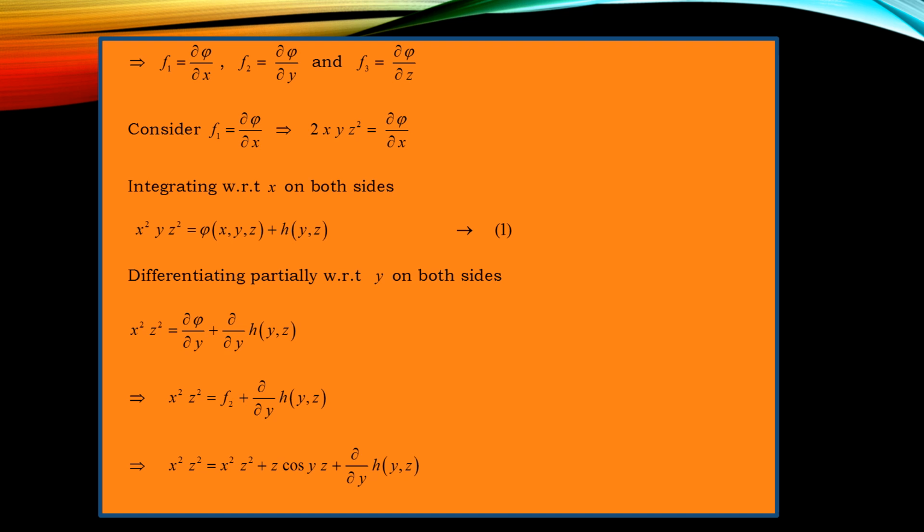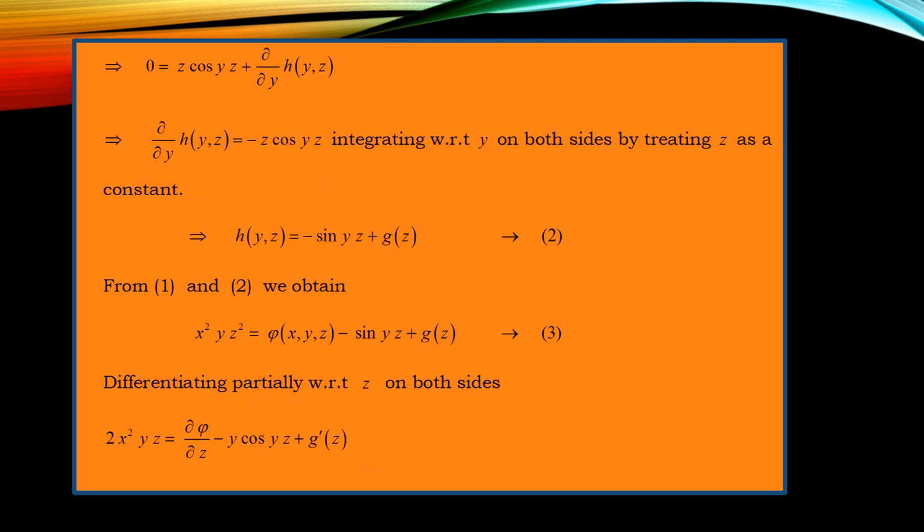Now we substitute the value of f2 in this equation. Then we get x²z² equals x²z² plus z cos yz plus ∂/∂y h of y, z, because the value of f2 is x²z² plus z cos yz. We cancel x²z² on both sides in that equation.